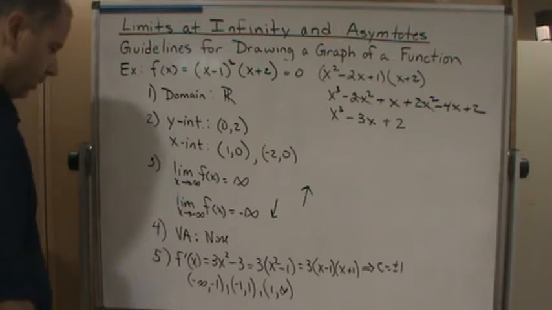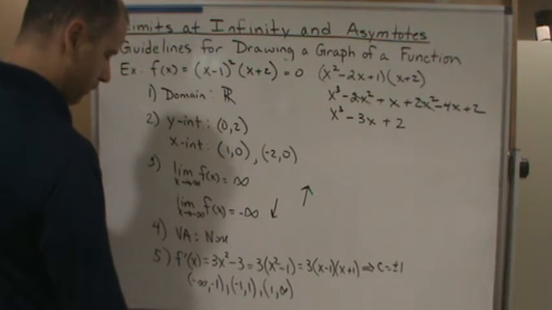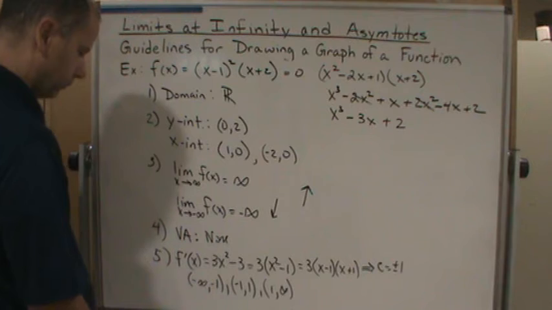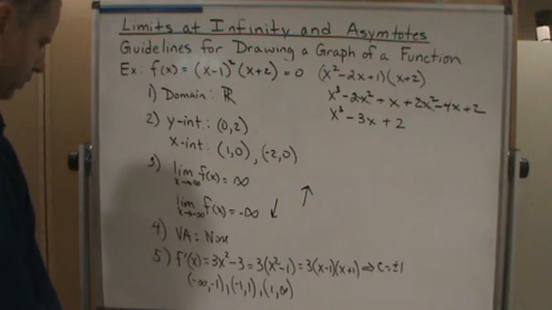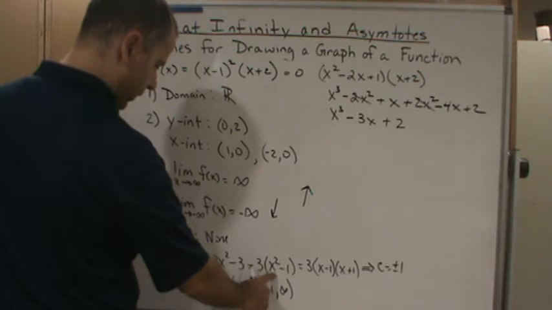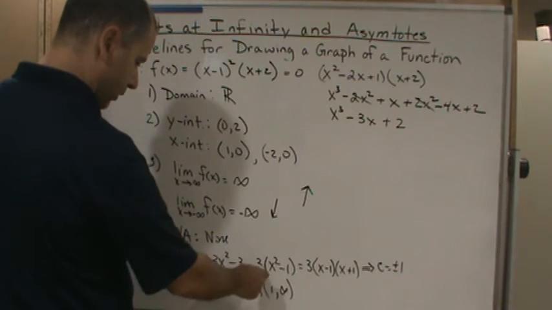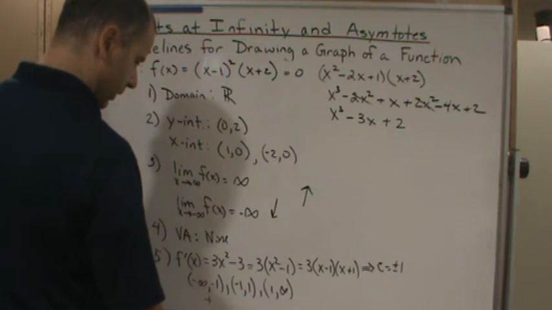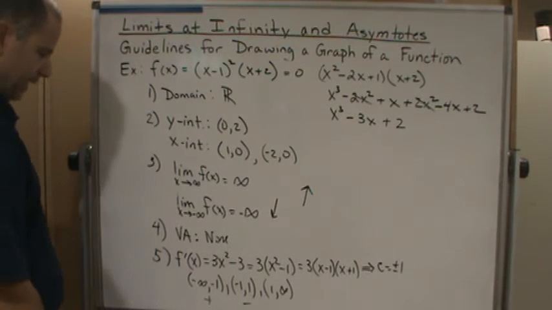So in this case, we might want to use negative 2. And when x is negative 2, we get a positive number, so this is going to be positive here. 0 gives us a negative, so we're going to be negative in there.